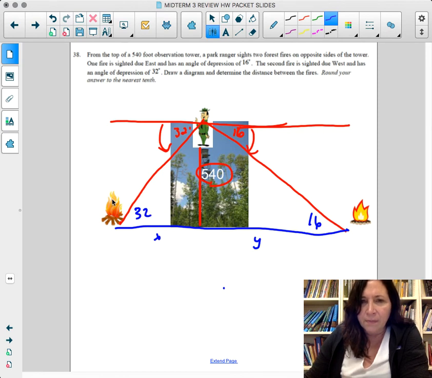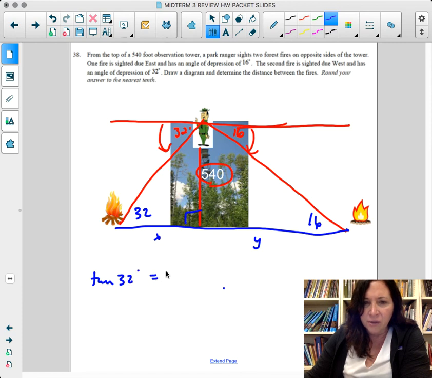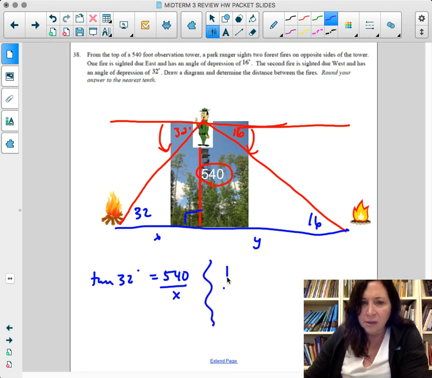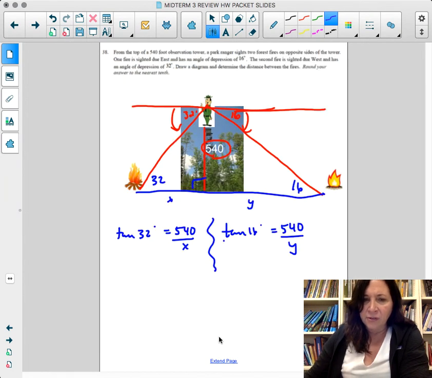Basically, without a calculator, you're going to go opposite over adjacent, because these are right triangles. So tangent of 32 degrees is equal to opposite over adjacent, and tangent of 16 degrees is equal to opposite over adjacent. Let's work these both out.